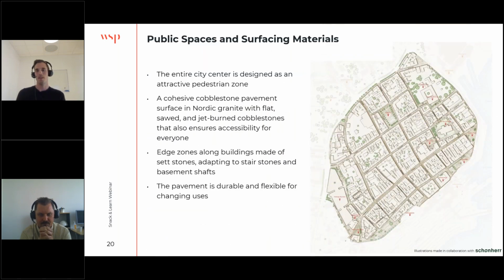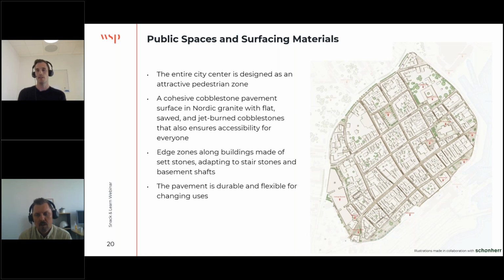And then we have the municipality project where we end up with a new surface, new pavement. So instead of where today they have asphalt somewhere and they have also tiles, they're changing everything to cobblestone pavement.